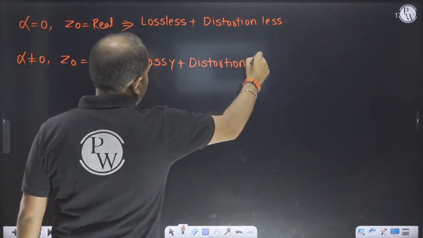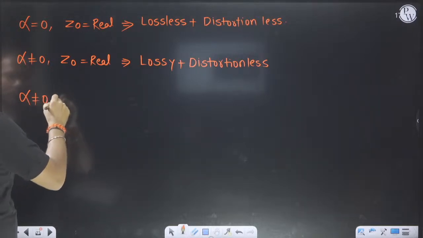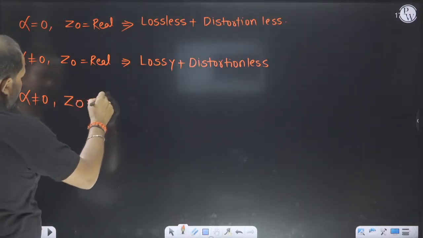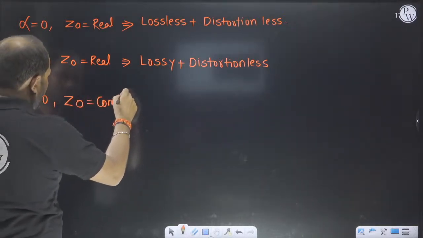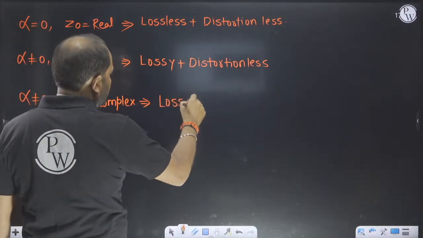Always try to remember this point. And if alpha is non-zero and Z0 is complex, then this is lossy and distortive.